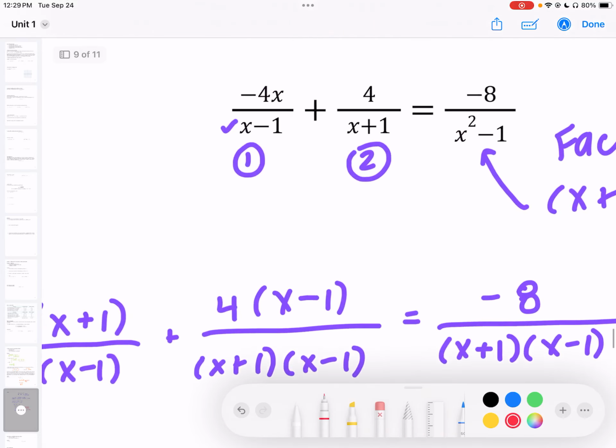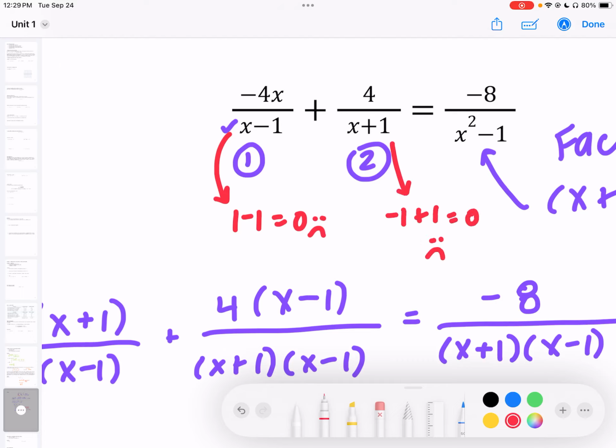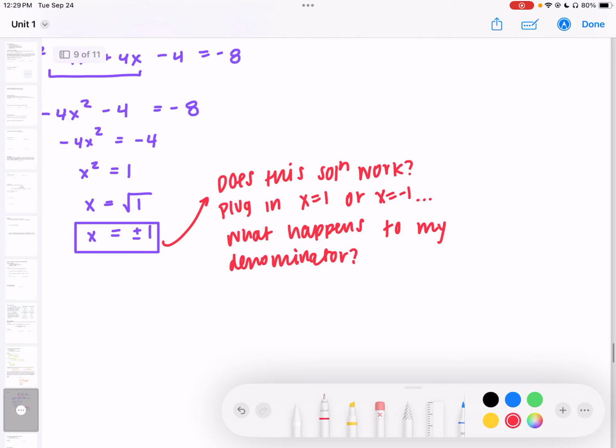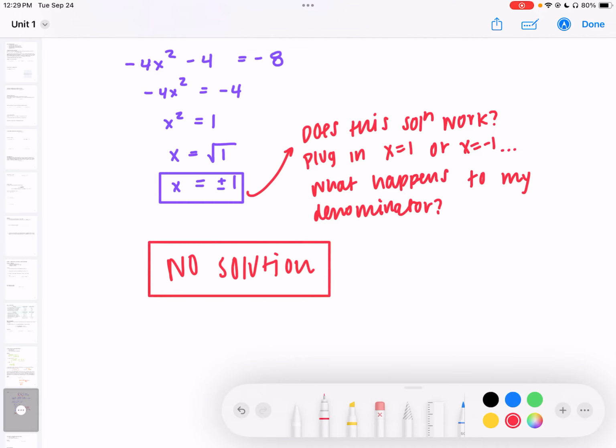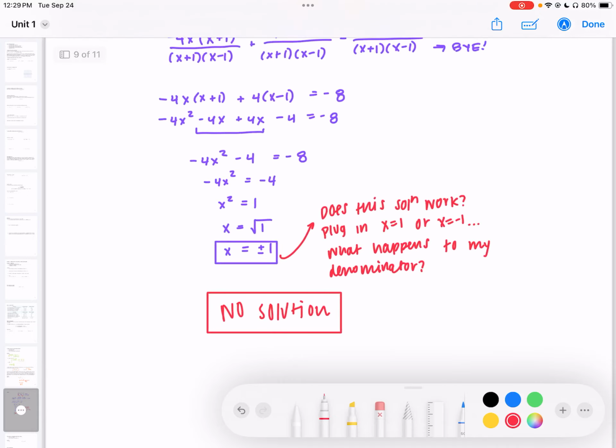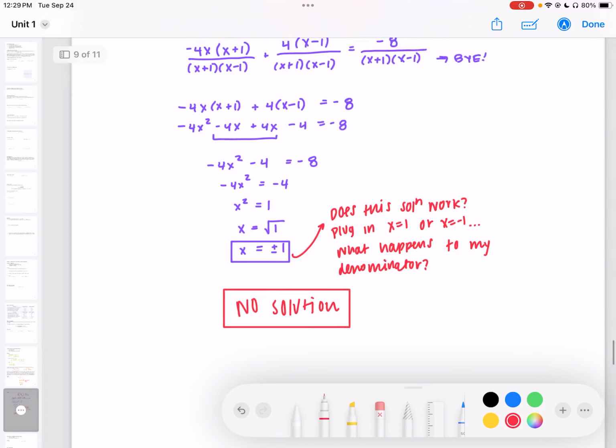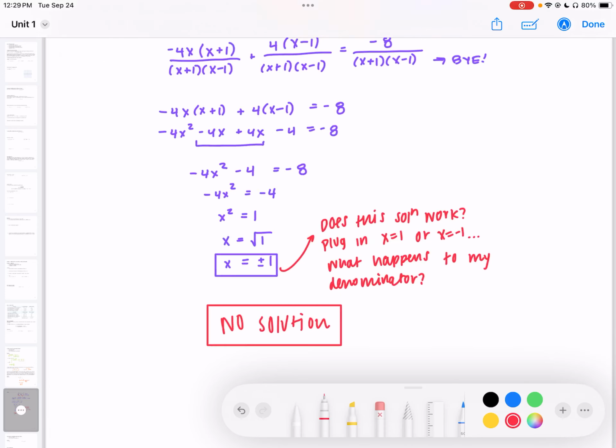Let me come back up here. So if this was 1 minus 1, that would be 0. Can't have that. If this was negative 1 plus 1, that would be 0, and we can't have that. So that means there is no solution. Mathematically, we found a solution, but in terms of the context of the problem, there is no solution. That covers it for this very short section.